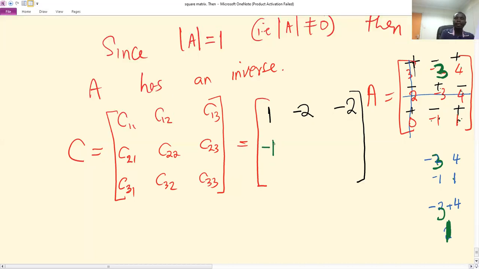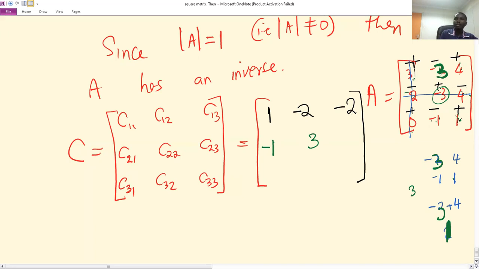And then this element here, we delete this and delete this one here. So we'll have 3 times 1 is 3, and then 4 times 0 is 0. So 3 minus 0 is 3. Sign is plus, so we just get 3. And then here, delete this.